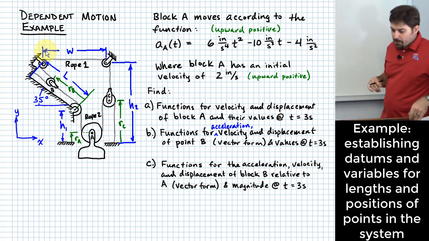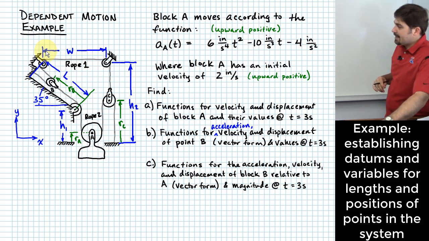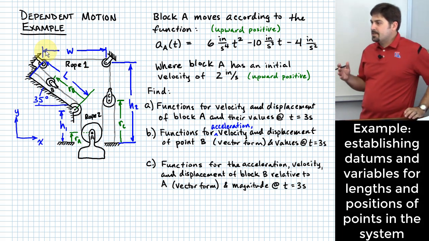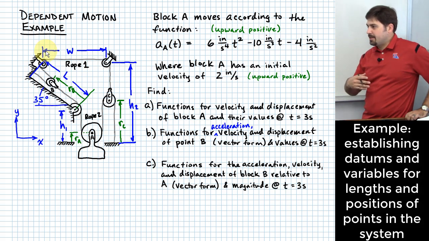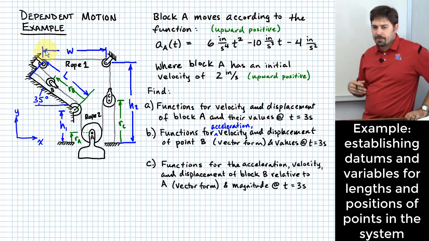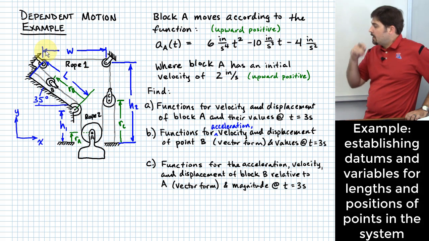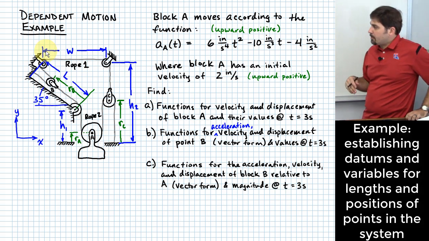To give you a little preview, ultimately anything that ends up constant in this system, where once we take derivatives, everything that's constant, what happens to it? They go out, right? The only things that matter are the things that might have movement associated with them, which means that the derivative would not go away if they had movement associated with them. So that means all the rope that's wrapped around the pulleys ends up not mattering.